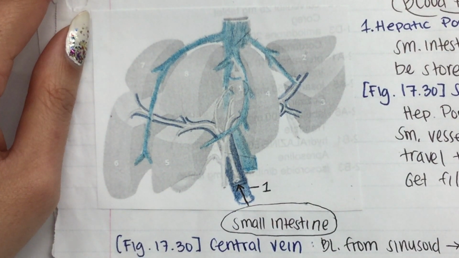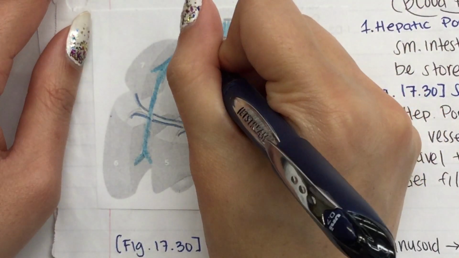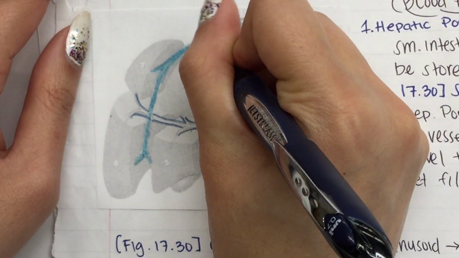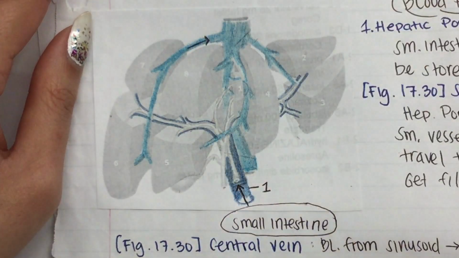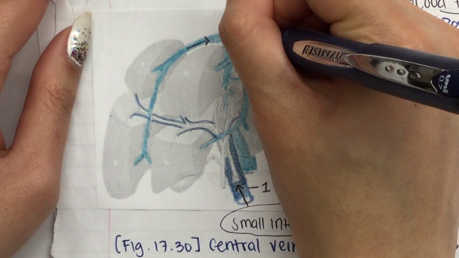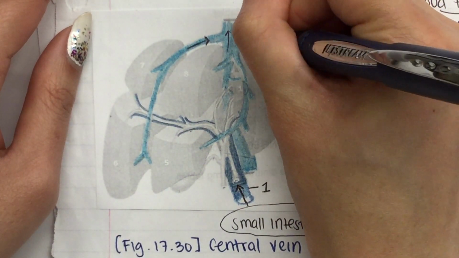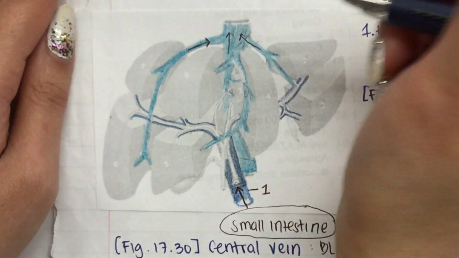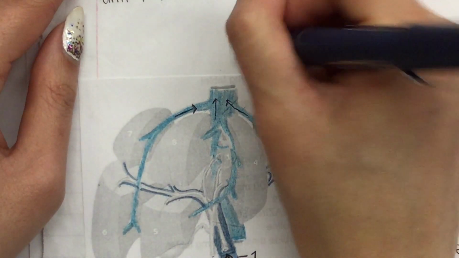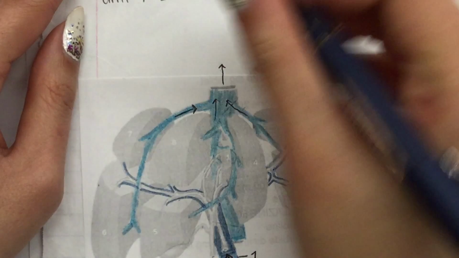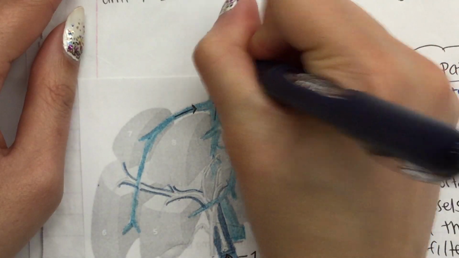So I'm going to use my black pen or pencil to draw some arrows to point at the direction the blood will flow. This is blood that has no more nutrients, so it doesn't need to be in the liver anymore, so it's going to leave the liver. And once it leaves the liver, it goes back to the heart. So I'm just going to draw an arrow up out of the liver and back to the heart.